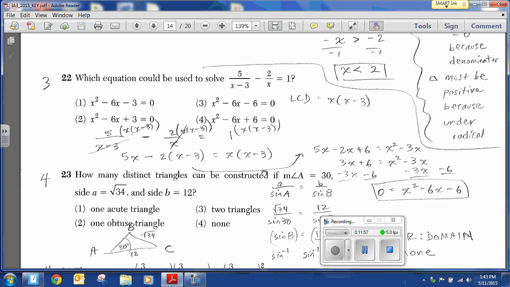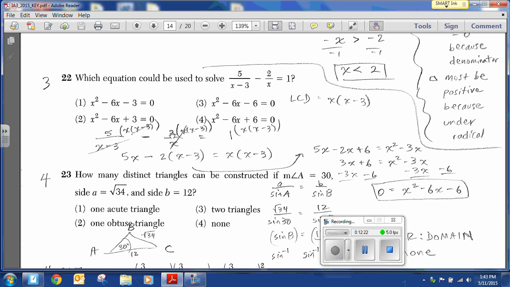Number 22. Here is a rational equation, which means you must multiply every numerator by the LCD. The LCD is x times x minus 3. So we multiply the numerator here, numerator here, numerator here. Cancels out the x minus 3 down here, cancels out the x over here.